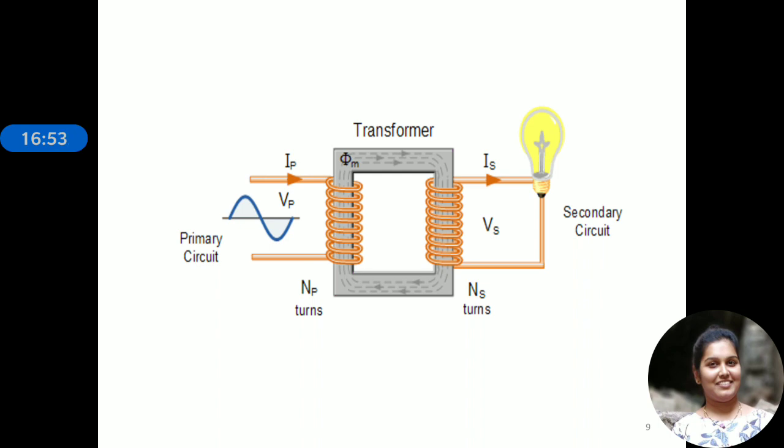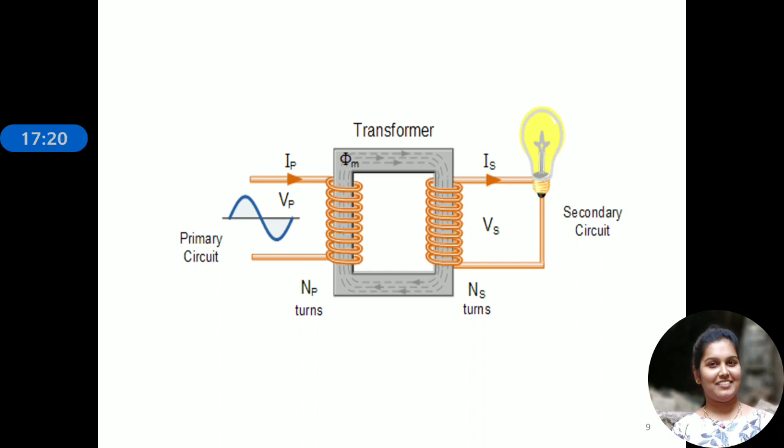These two coils are not in electrical contact with each other but are instead wrapped together around a closed magnetic iron circuit. As in the diagram you can see, both the primary winding and the secondary winding are electrically isolated, but there is a connection between them, and that connection is nothing but the mutual induction connection.